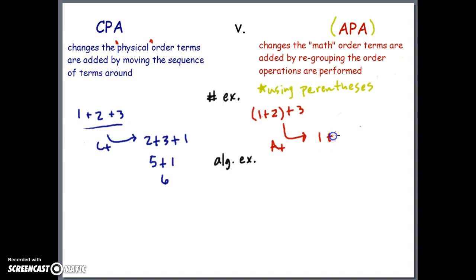So we'll do 1 plus (2 plus 3), where now we're moving the parentheses, not the physical location of the terms themselves, where this is 5, and then 1 plus 5 is 6. So the difference is just using the parentheses to change the order versus changing the physical order.